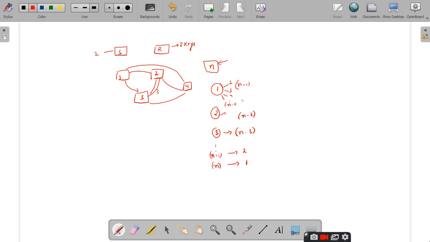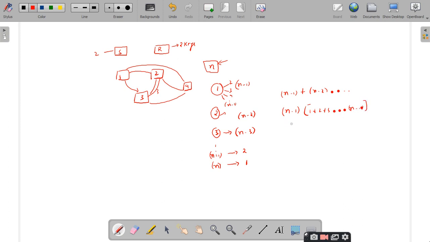So if I add all these, n minus 1 plus n minus 2 and so on, you will get a term like 1 plus 2 plus 3 and so on up to n minus 1.